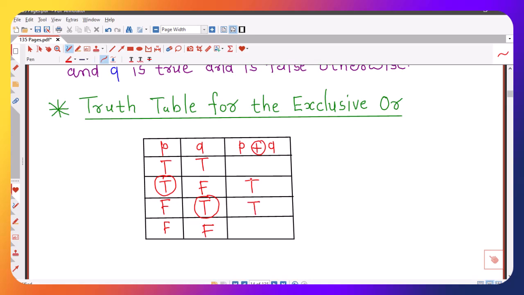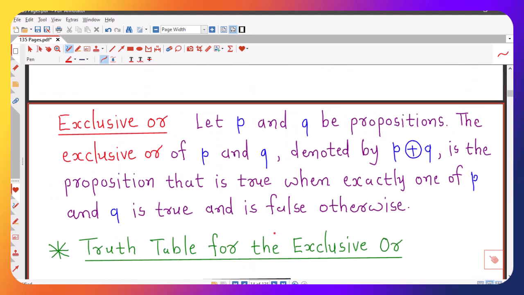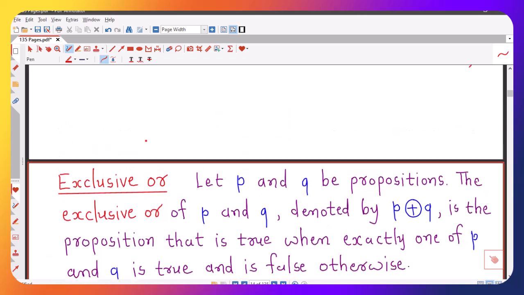So here I will write true, and in remaining cases I will consider F. Here both are true, therefore exclusive or is false. I cannot do the same activity at the same time, and here also both are false, therefore I have false. So remember these two differences for inclusive or and exclusive or.